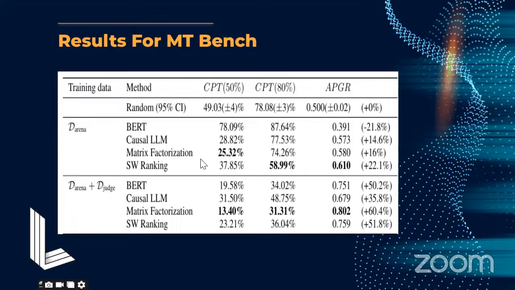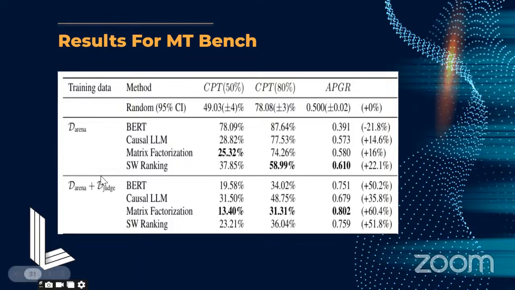The causal LLM also performs well, but like BERT, its APGR is just a bit above the random router. Then comes matrix factorization and SW ranking, which perform significantly worse in CPT 50%, but their APGR is very high compared to the random baseline.